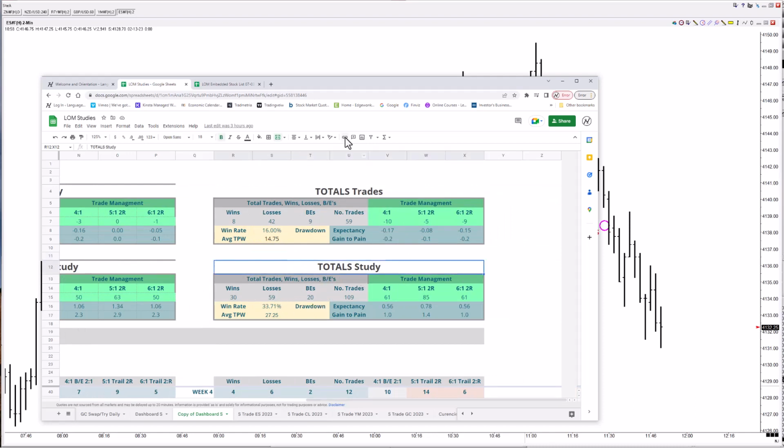This bottom one is the study. So now let's look at the basic numbers for the study. 30 wins, 59 losses. And this is picking and choosing, this trader doing things somewhat inconsistently.